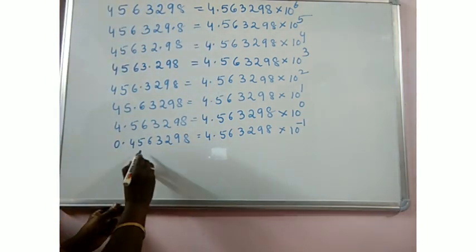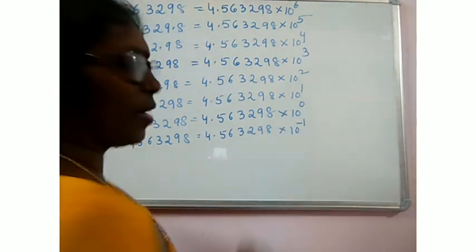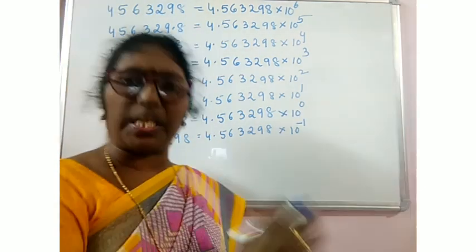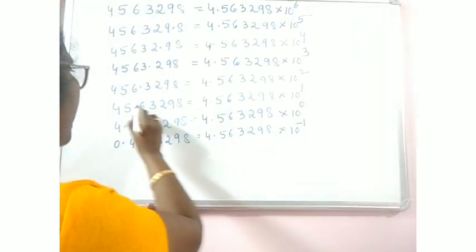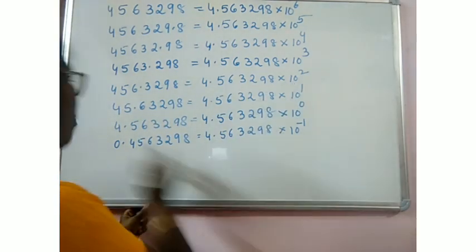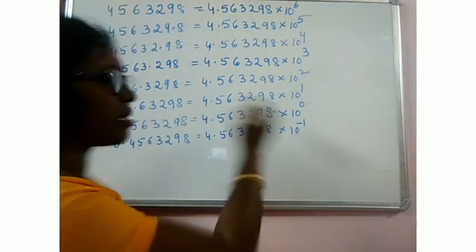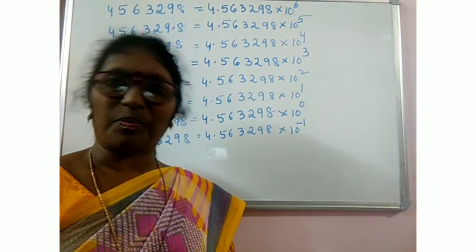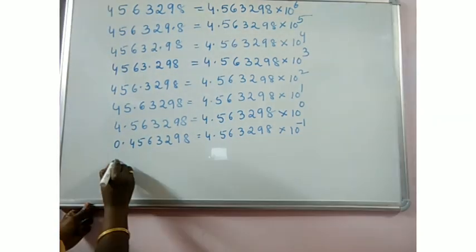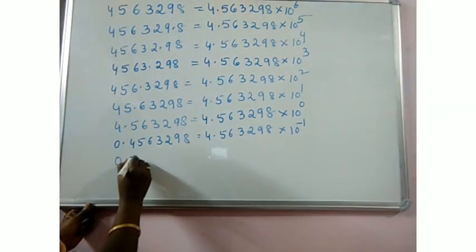One place from left to right is power minus 1. Right to left by 1 place is power 1, and left to right by 1 place is power minus 1.